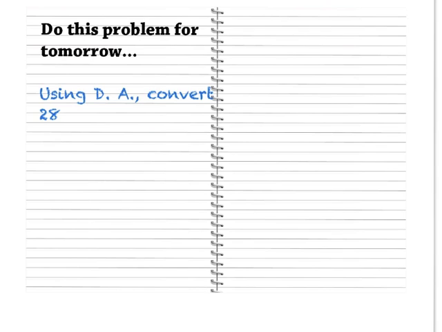So I need to figure out how many dozen donuts I need to purchase if I need 28 donuts. So using dimensional analysis, convert 28 donuts to dozens of donuts, keeping in mind that 1 dozen donuts is equal to 12 donuts.